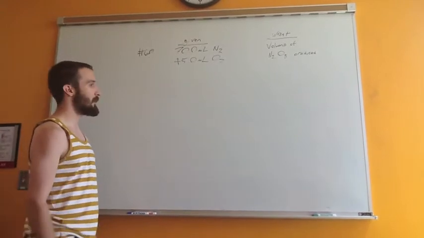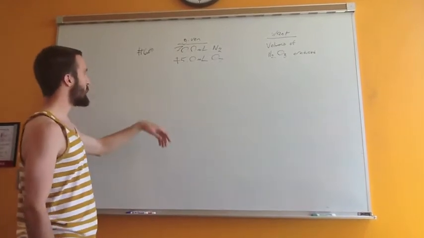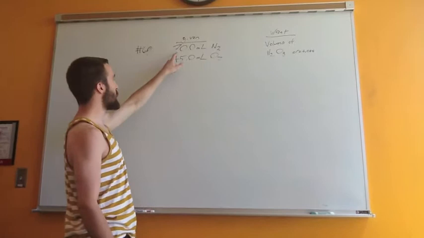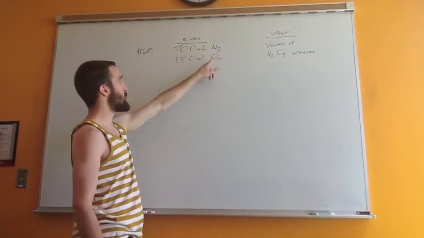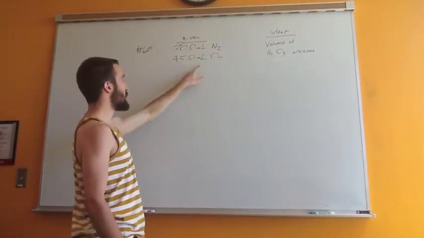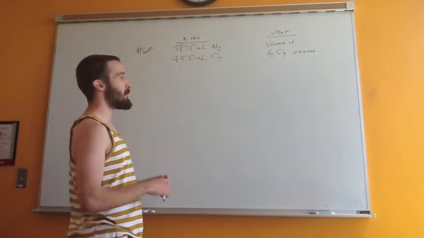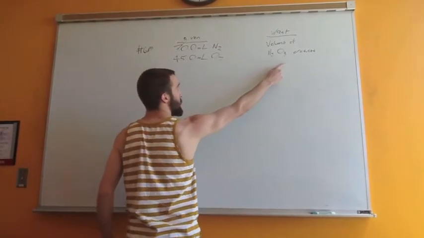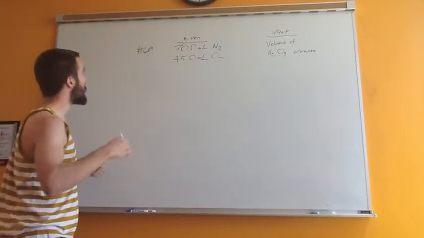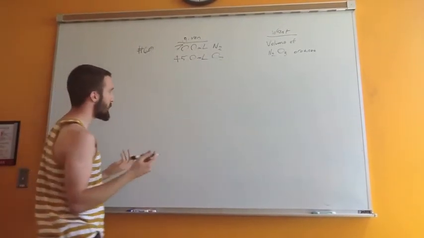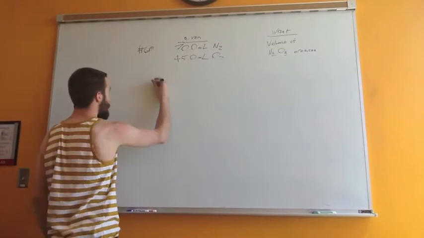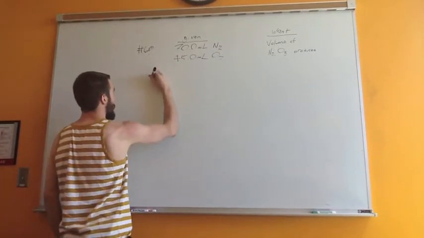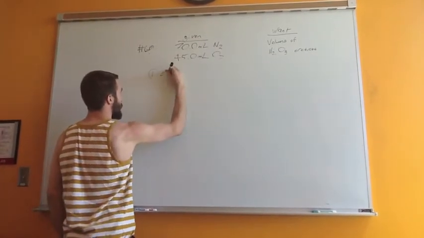So the problem basically states that we're given 70.0 milliliters of nitrogen gas and 45 milliliters of oxygen gas, and what we want to calculate is the volume produced of N2O3. The process is just 4 simple steps. One is to balance the equation.